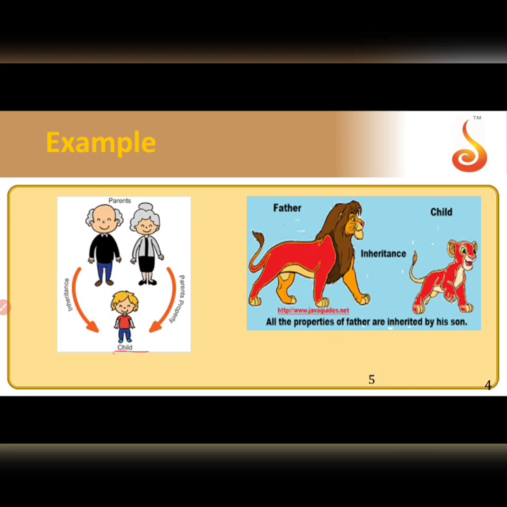See, a child gets properties from both its parents, and then apart from that it can have its own unique properties. That is a real life example wherein the child gets properties from both the parents and then has its own. So this is inheritance. In the same way, they have shown it in animals.